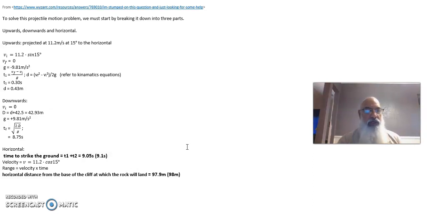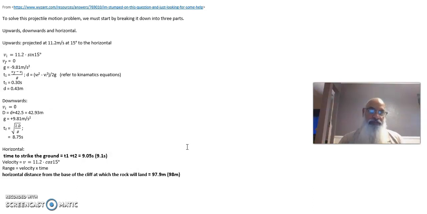However far it goes along the horizontal is at a constant velocity, which is the cosine of 15 times 11.2 meters per second. That is the horizontal component of its velocity at the time of projection. So that is going to be the constant velocity that it's traveling at. The total time will be 9.1 because that's what we just calculated. And using that information, we'll find the range.